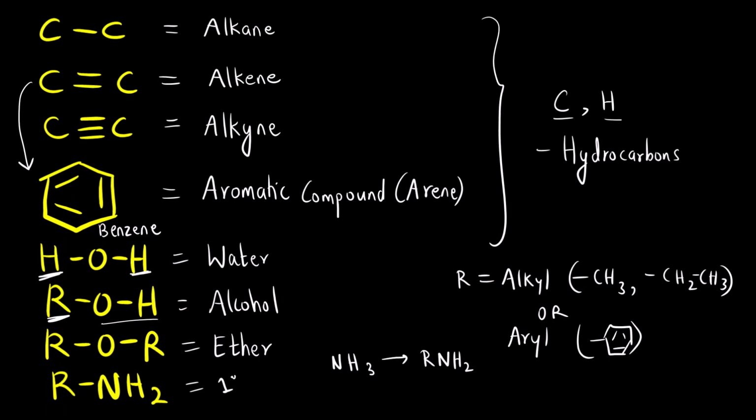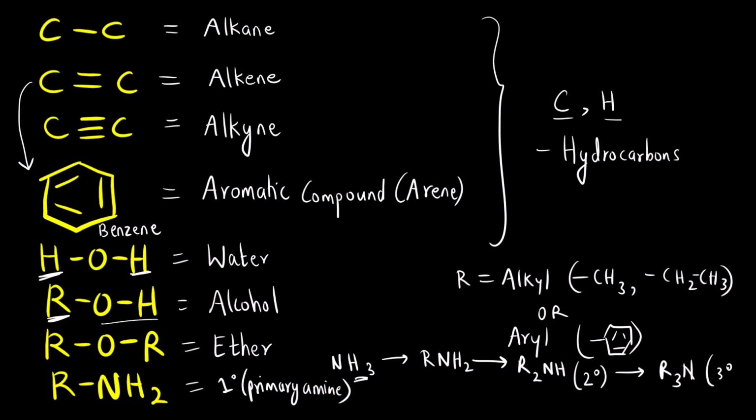This is called 1 degree or primary amine. And if I replace one more H from RNH2, then it will become R2NH. That is called a secondary amine. If I replace all three hydrogens of ammonia and write R3N, this is called a tertiary amine.